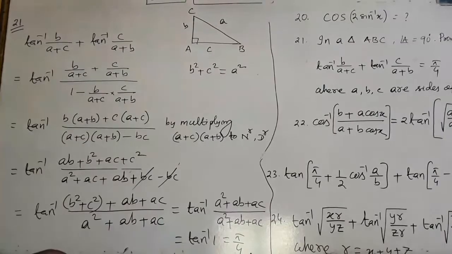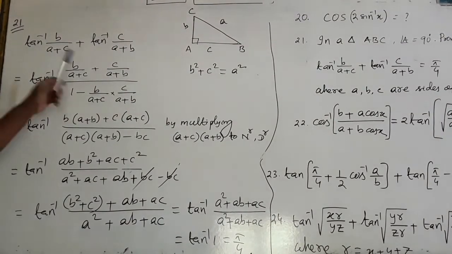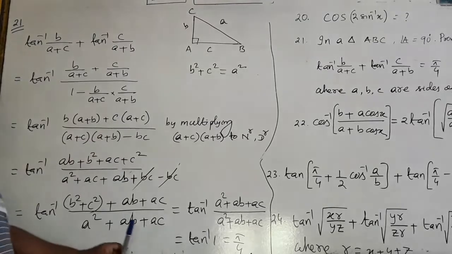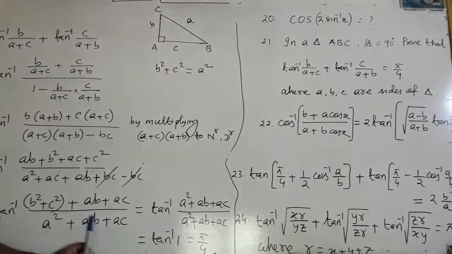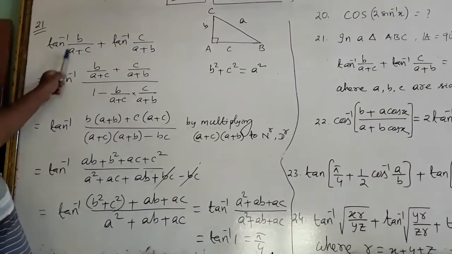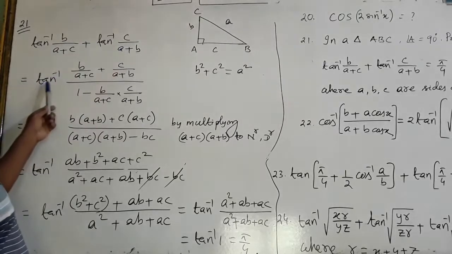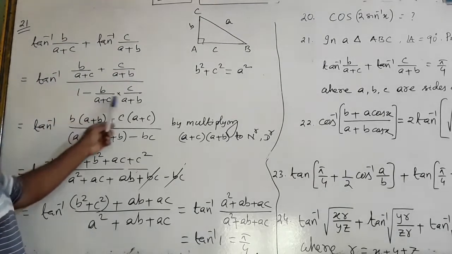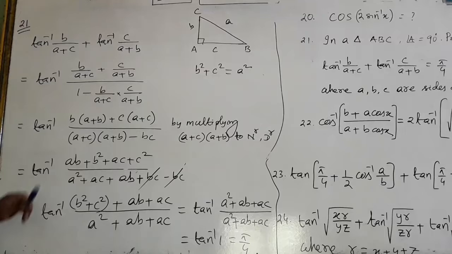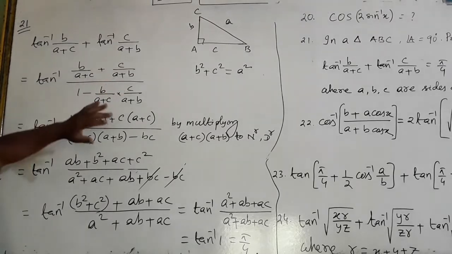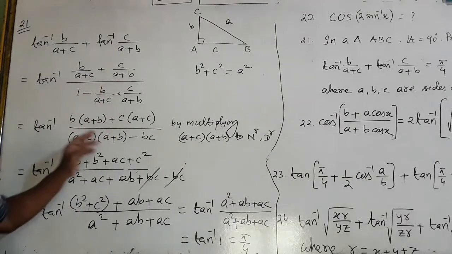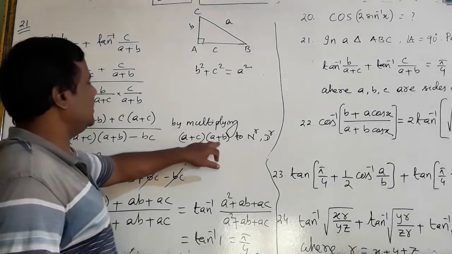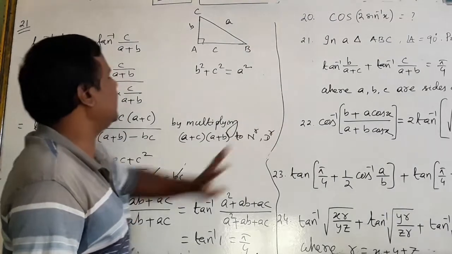Okay. Now for problem number 21, which was a board question in a previous year: tan inverse x plus tan inverse y is tan inverse of x plus y by 1 minus xy. And don't take LCM, it will be very lengthy. Just multiply a plus c into a plus b to the numerator and denominator.